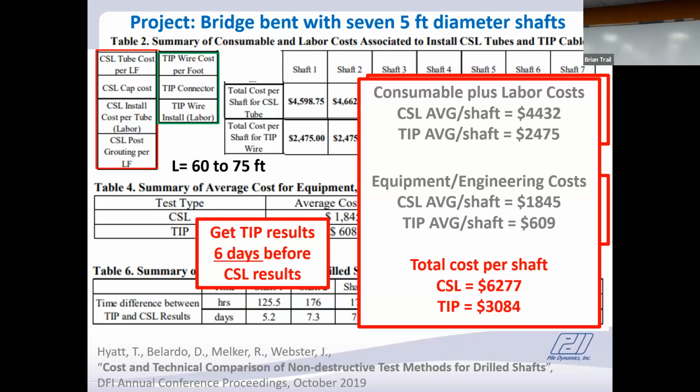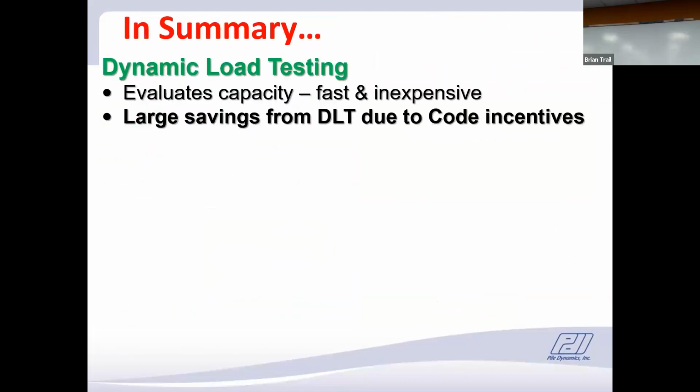And you get the TIP results 6 days on average before they got the CSL results, and time is money. So in addition to an actual savings, they got a savings of speedier construction.